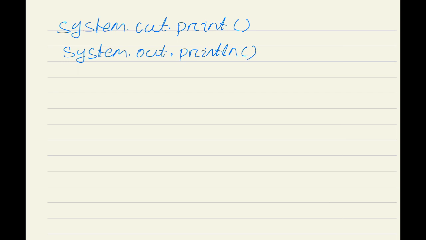And we have also discussed what is the difference between print and println. So println puts the new line character at the end, but print does not add new line character at the end. That means if you use system.out.print, the next output is going to be displayed in the same line. On the other hand, if we use system.out.println, then the next output is going to be displayed in the next line. So this is the difference.